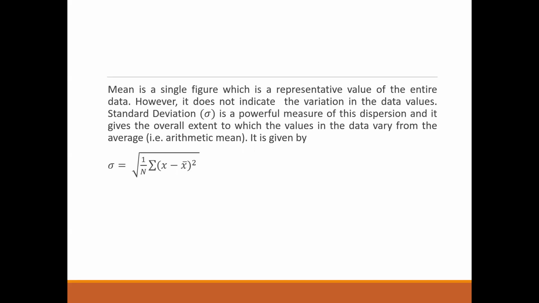What is x bar here? x bar is your mean. Okay, this is going to give me the standard deviation, and if I want to find the variance, I can just write sigma square. That will give me the variance for that particular data set, or for that experiment, you can call it.